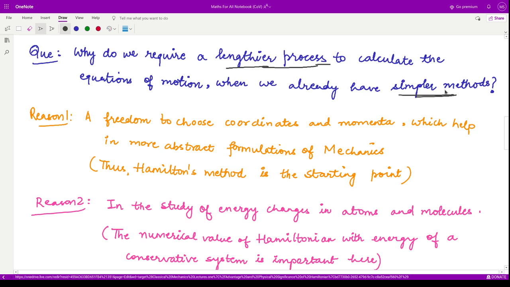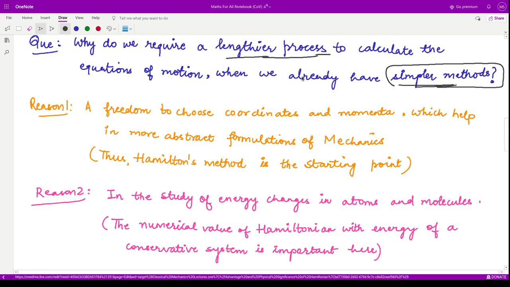This is why: for the simpler cases, we can learn such approaches, how they work and how we can solve different problems using them. Once we learn the technique of solving with these approaches, we can do more abstract things.